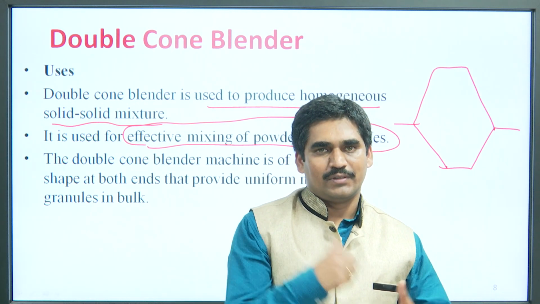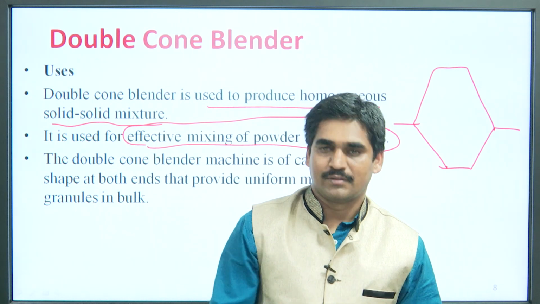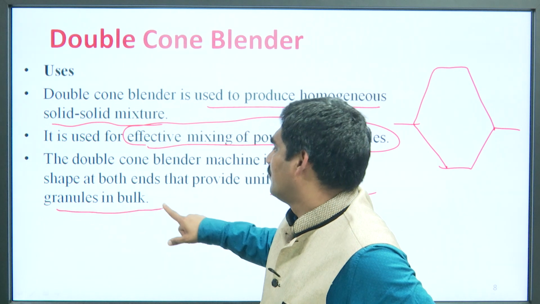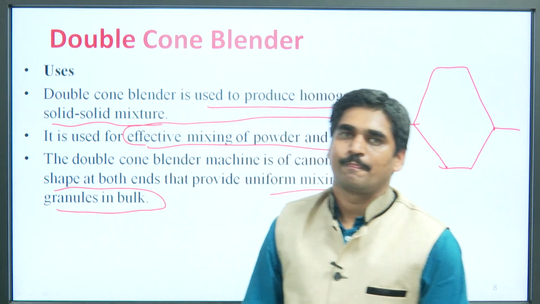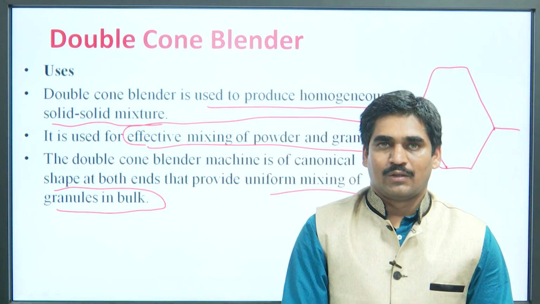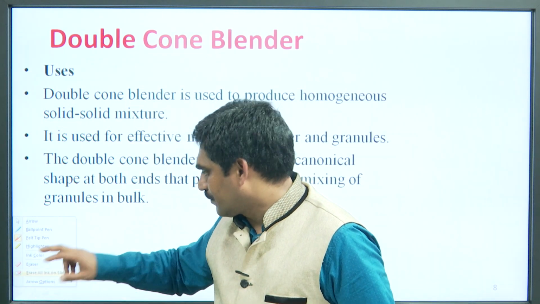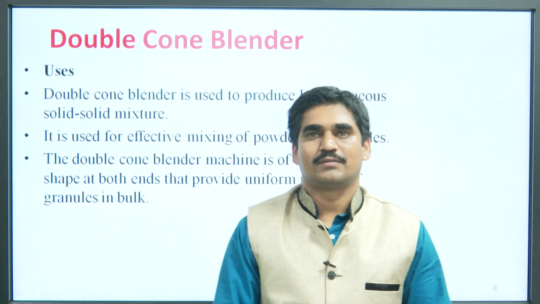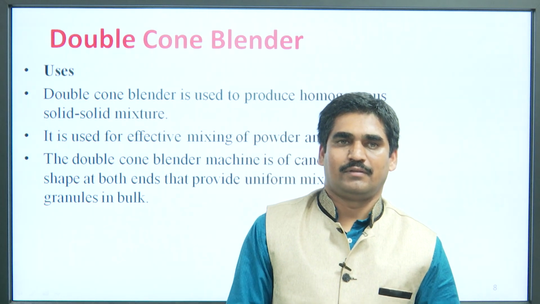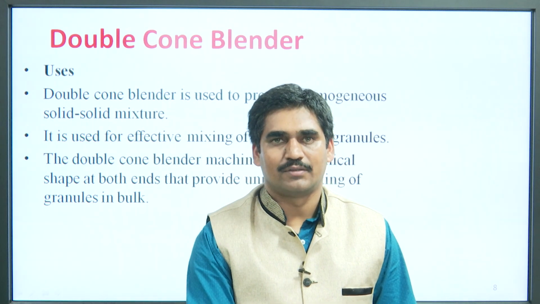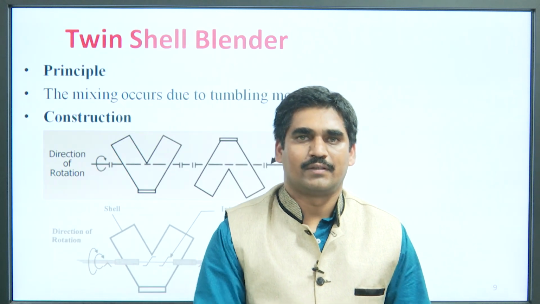Due to this it provides uniform mixing of granules in bulk amount. So, these are some uses or applications of double cone blender, which can be used for solid-solid mixing.